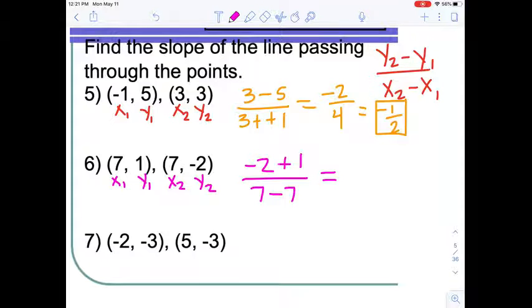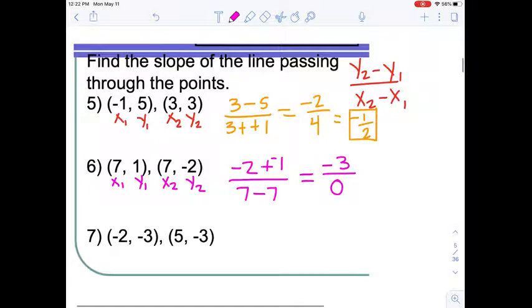So 7 minus 7. And then I'm going to simplify that. Negative 2 minus 1, we can add up, and we get negative 3. Over 7 minus 7 is 0. Remember, when we have a 0 on the bottom, it automatically becomes an undefined slope. So the answer for this one is undefined.